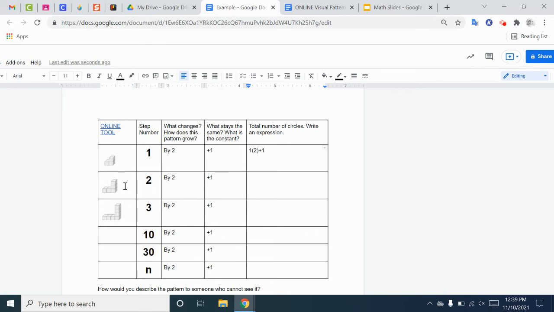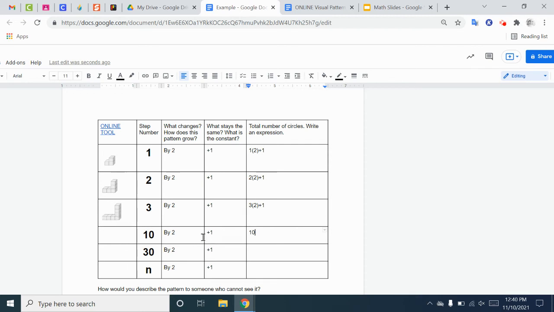Then the second one, I have 2 on top and 2 on bottom. So for step 2, I'm doing 2 times 2 plus 1. And then I'm going to do for the third one, 3 times 2 plus 1. And for the 10th one, it would be the same thing, but now I'm going to have 10 on top. And so it'd be 10 up top, 10 off to the left, and I'd still have 1 in the corner.